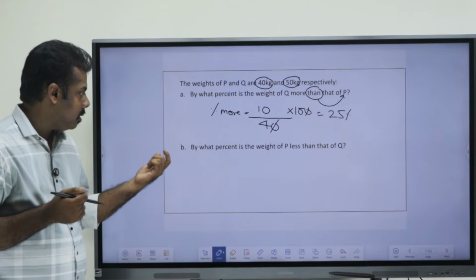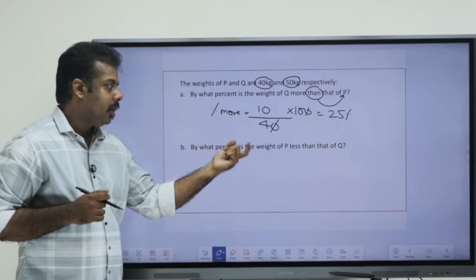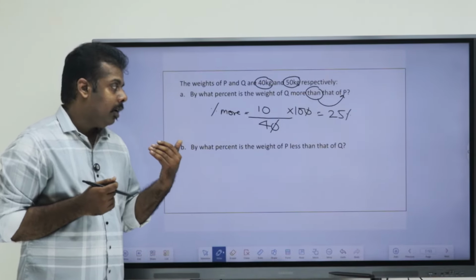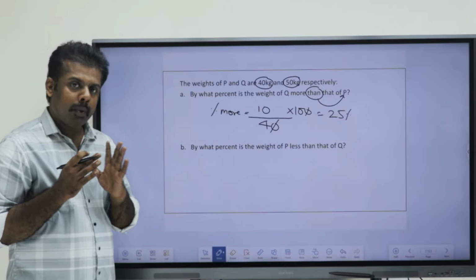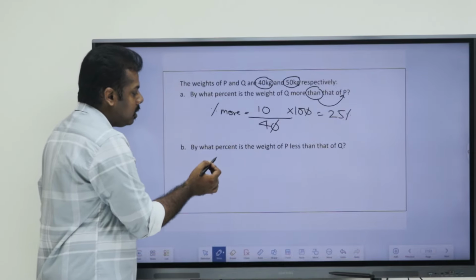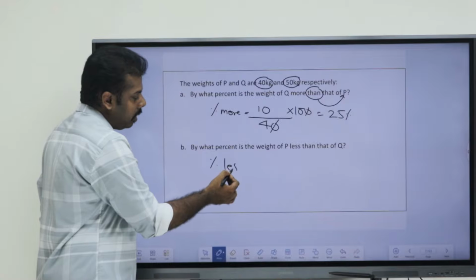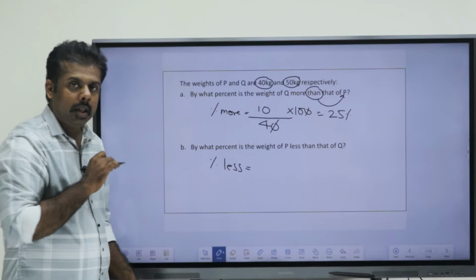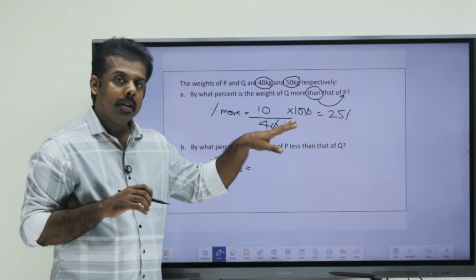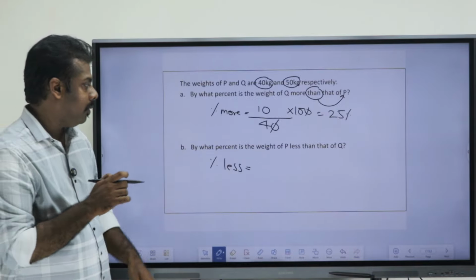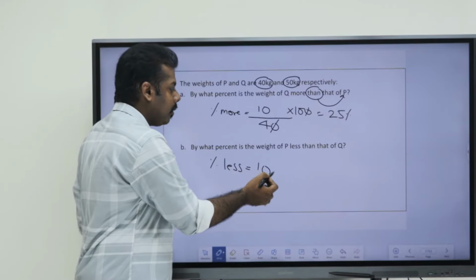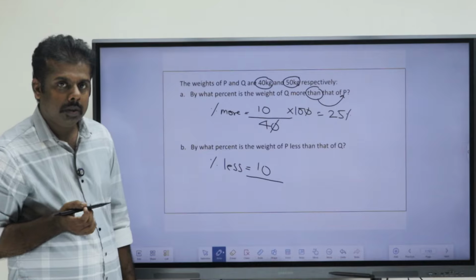Here they have asked in the B part, by what percentage is the weight of P less than that of Q? Same process, less or more, like we said, the process is the same. What was the process? Take the difference in the numerator part. Here the difference of 40 and 50 is the same. Denominator part, what was the logic?